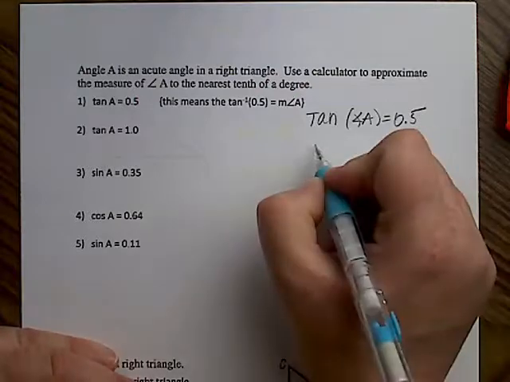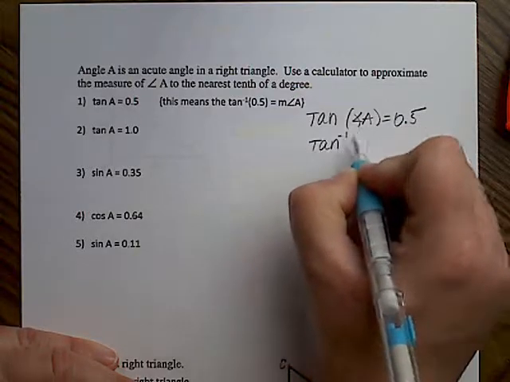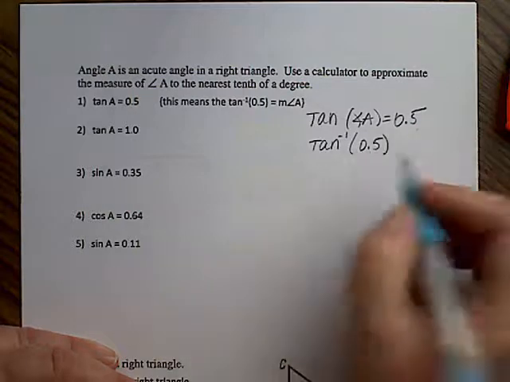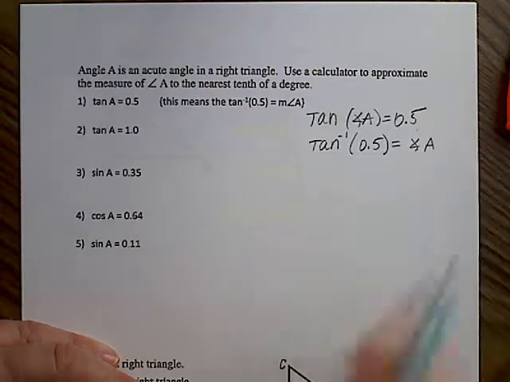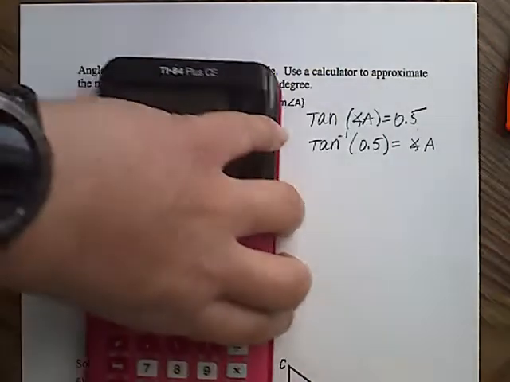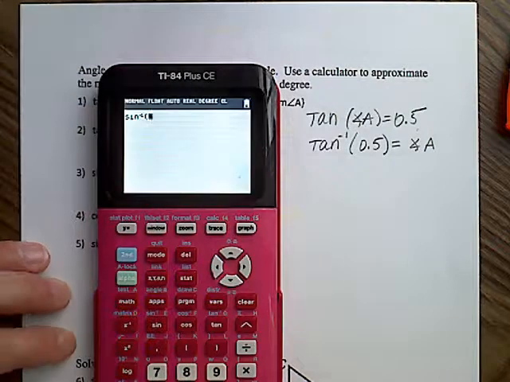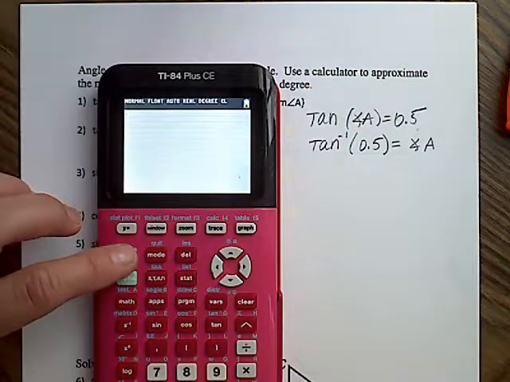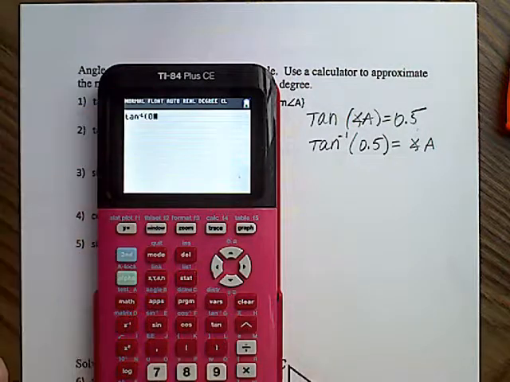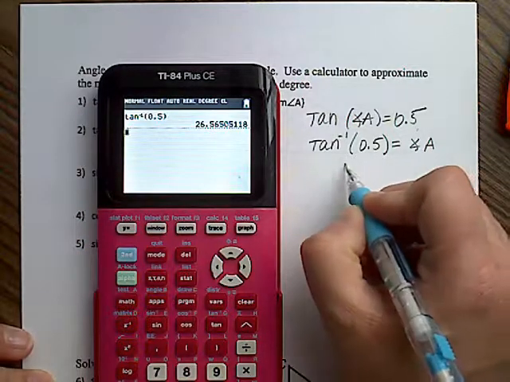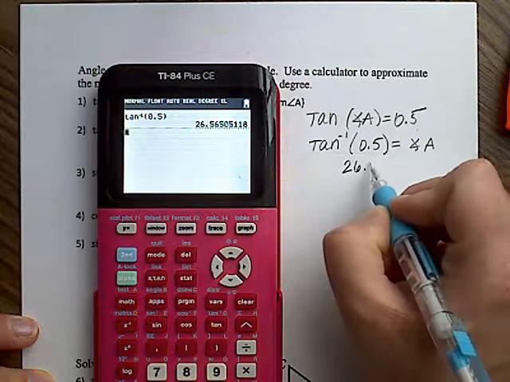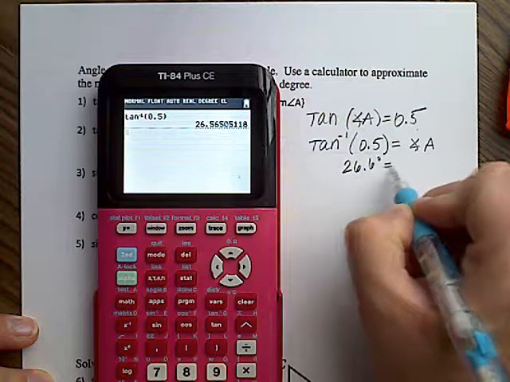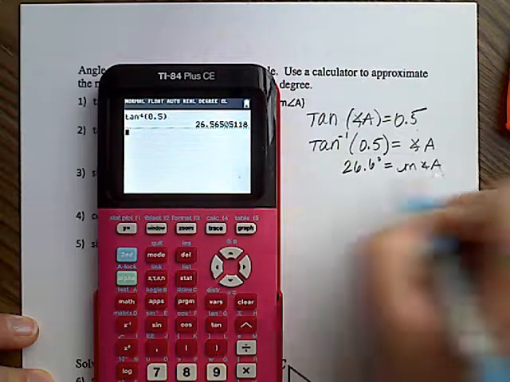So I need to find the tan inverse of the opposite side divided by the adjacent side, and that's going to equal the measure of angle A. So on my calculator, I have to do the second tangent, or the tangent inverse of 0.5, and look at that. It gives me an angle measure of 26.565 degrees. We'll round it to the nearest tenth. So 26.6 degrees equals the measure of angle A.